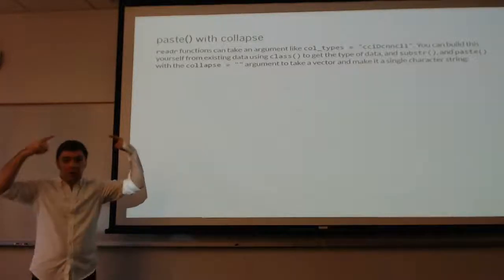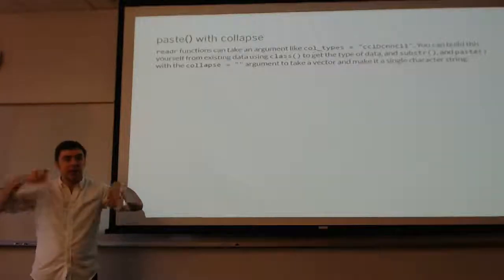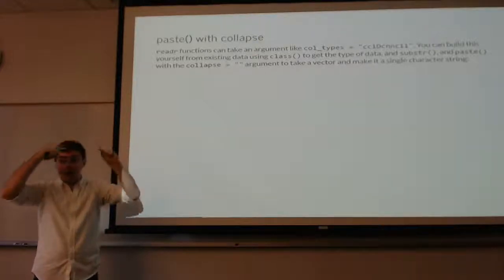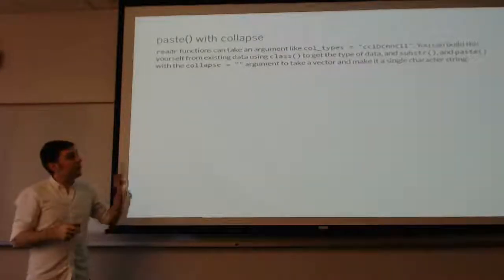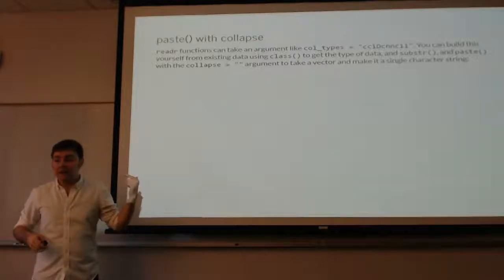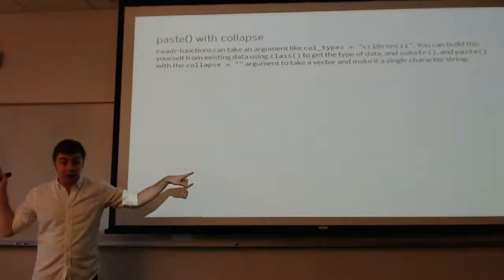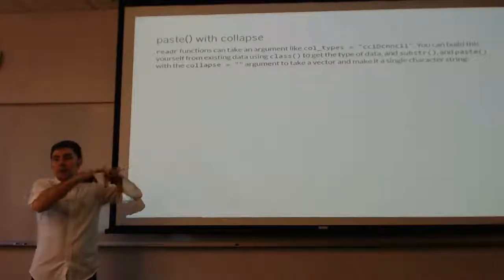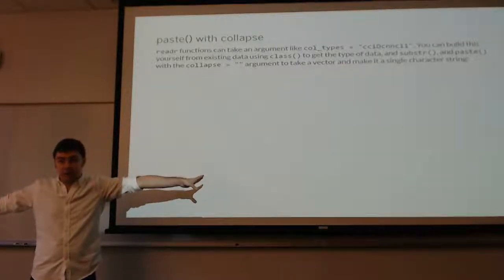So if you gave it 2 vectors of length 10, it would put together the first element of this vector with the first element of this vector and paste them together. If you use collapse, everything you put into paste gets put together into a single string, a single element.